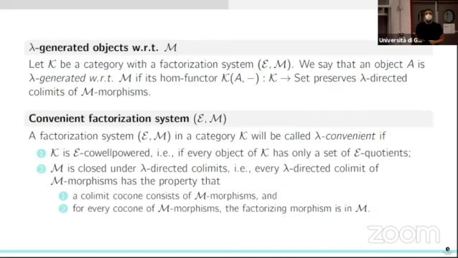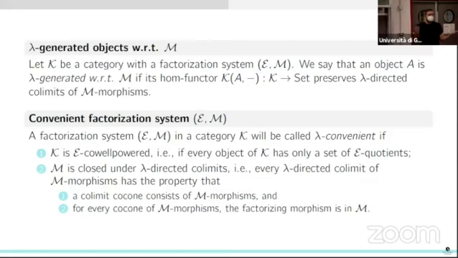And what does it mean to be convenient? The notion of convenient is natural, even though it looks technical. It is a factorization system such that the class of strong quotients, when you fix an object, is just a set, so it's co-well powered. You see, this mimics the same problem that there was also in the case of locally generated categories. And so you only have a set of strong quotients. And the other condition is that M is closed under lambda directed colimits. So for example, it means that a lambda directed colimit of monos is still a mono.